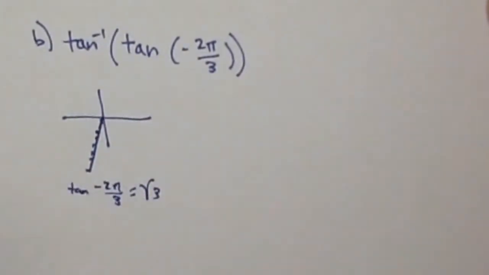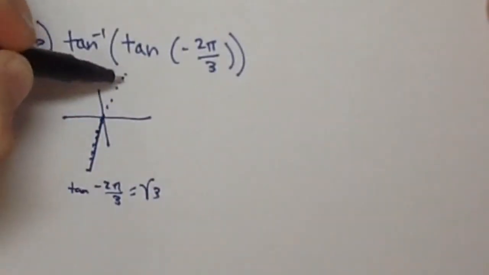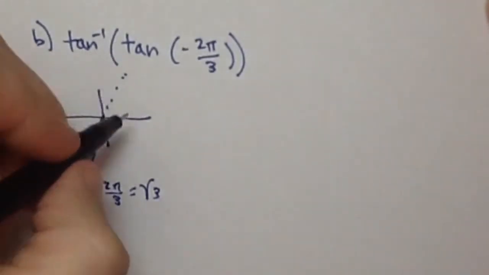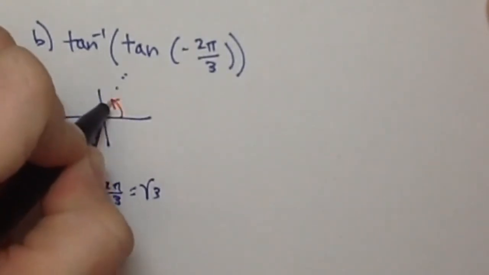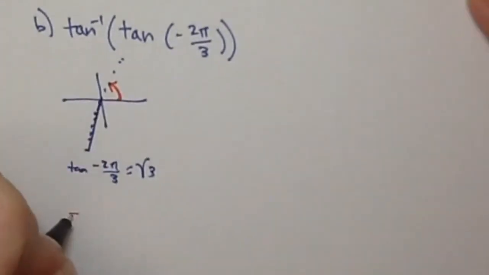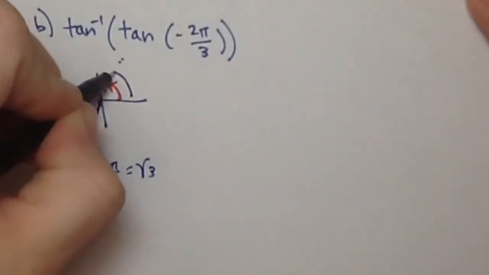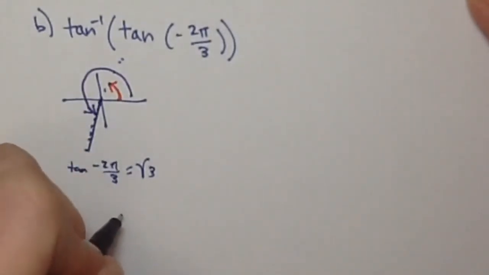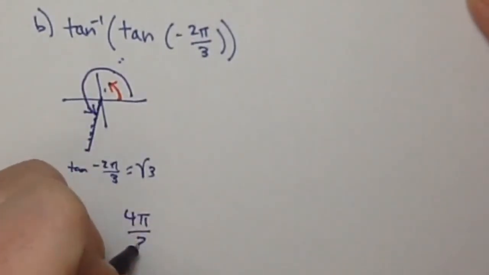So now we're trying to find the angle whose tangent is the square root of 3. So again, we can go here, where this angle is pi over 3, or we can go all the way to this angle, which is 4 pi over 3.